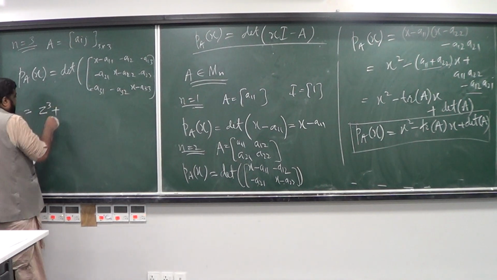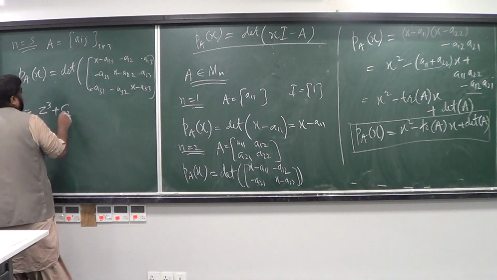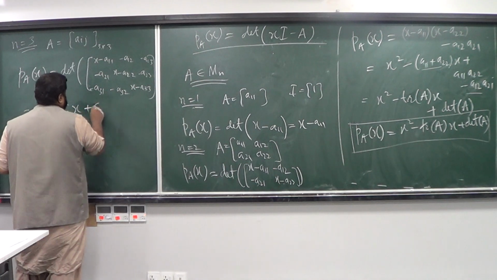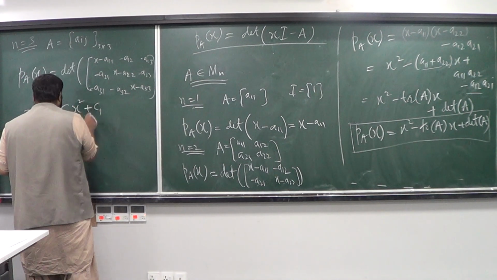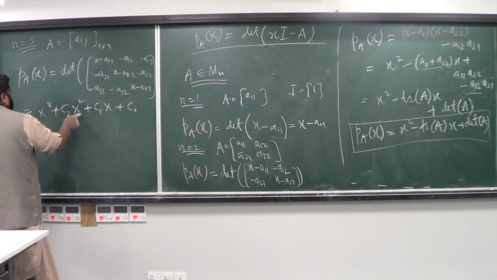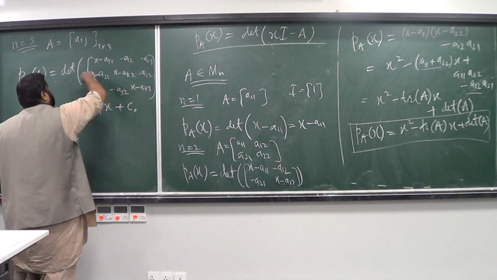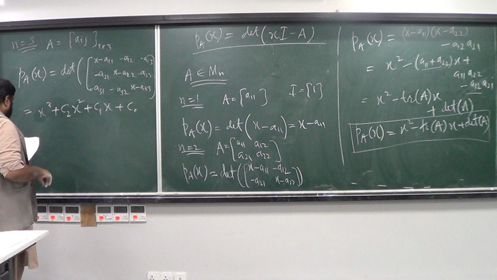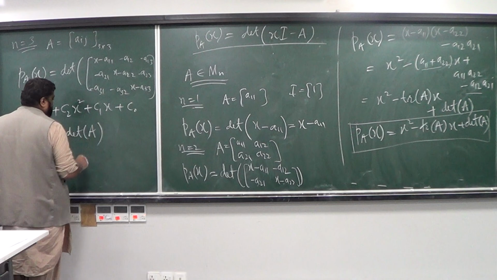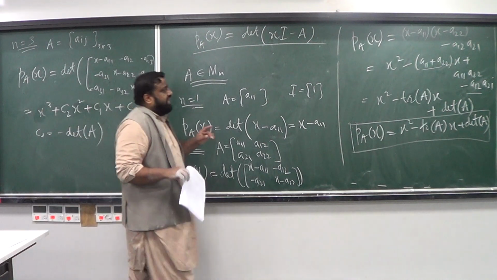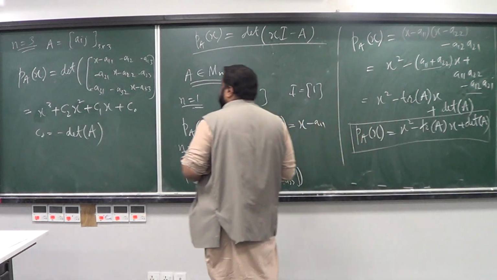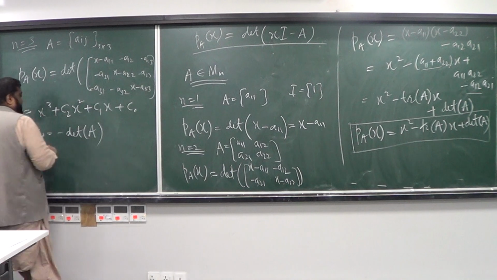It's going to be x cube plus c2 x squared plus c1 x plus c0, where c2, c1, c0 are numbers in terms of the entries of A, and let me explicitly mention them. The c0 is minus the determinant of A. By the way, when it was a 2 by 2 matrix, it was plus determinant of A, and now the last term here is minus determinant of A.